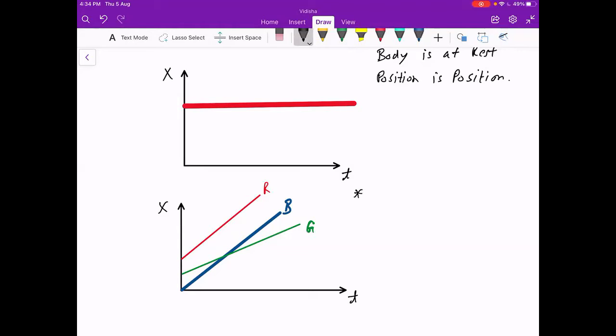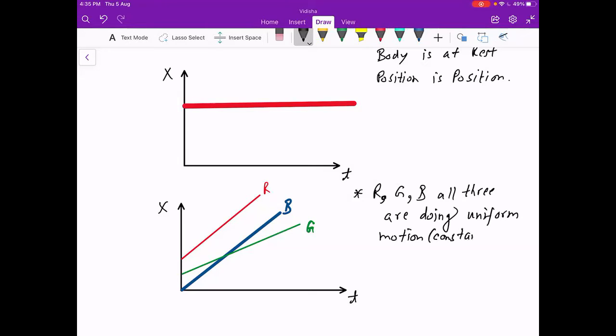R and B actually G भी कर रहा है uniform तो R, G, B, all three are doing uniform motion. Uniform motion मतलब constant velocity. Constant velocity मतलब straight line motion with constant speed. That is no change in direction also not allowed.